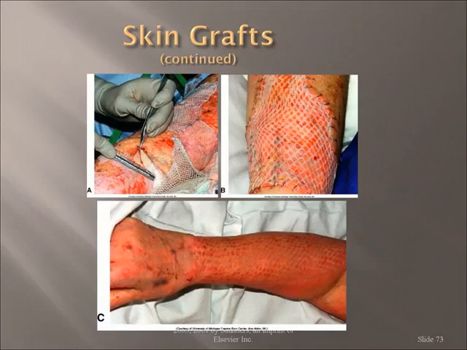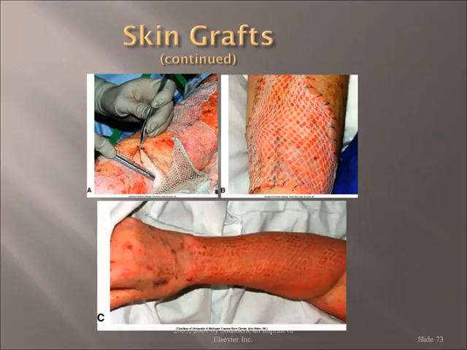So A, B, and C here. A is them grafting, meshing onto an arm, and then B is how it looks when it's first put on. And then C is as the skin starts pulling that grafted skin into play for healing.